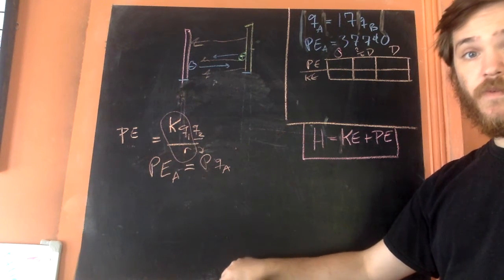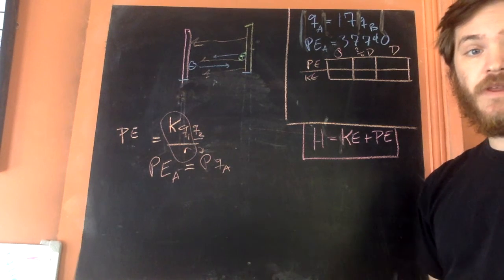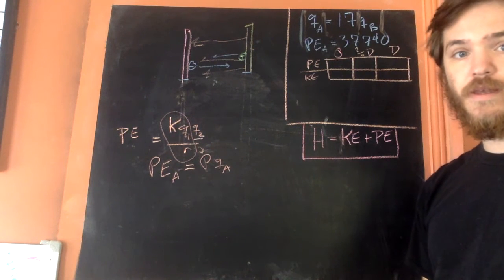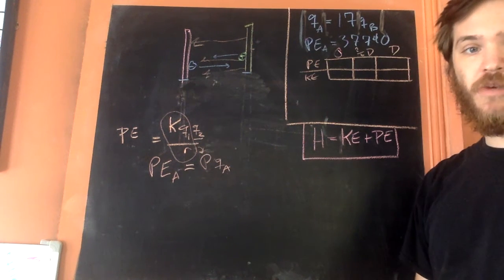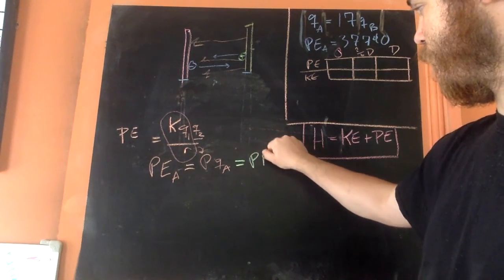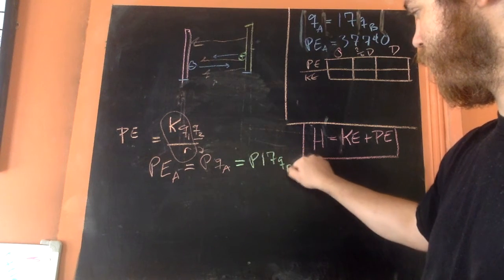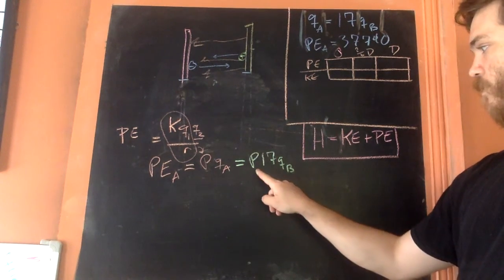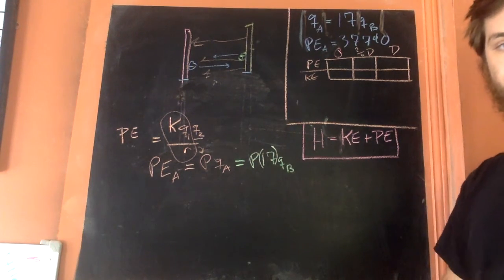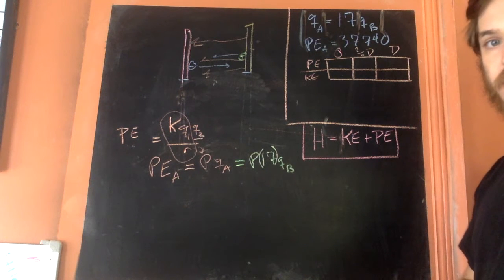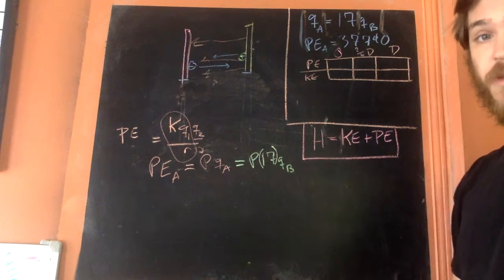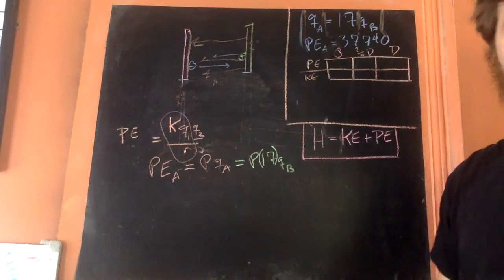The second point that we can think about is that since QA is 17 QB, and this is linearly dependent on QA, this is also equal to 17 times QB's potential energy. So solving for the potential energy for B, we get 1/17 the potential energy for A at the initial point.